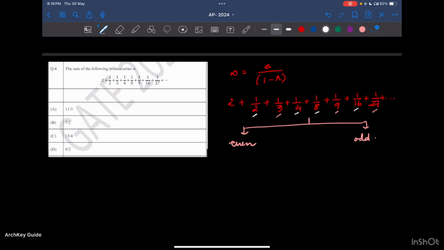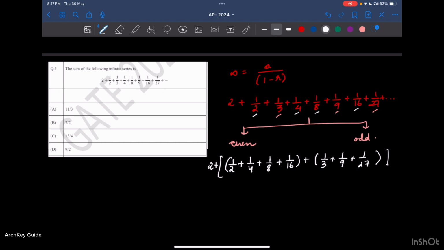So if I divide it, what will I get? 2 half plus 1 by 4 plus 1 by 8 plus 1 by 16 plus 1 by 3 plus 1 by 9 plus 1 by 27. Right?